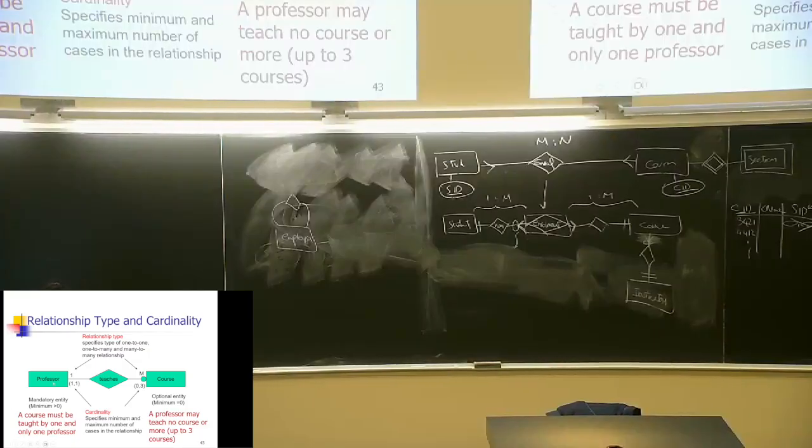So these are just examples. Now, what is the type of relationship here between prof and course in this example? One-to-many. One prof can teach many courses. Each course can be taught by only one prof. So this is one-to-many. Now, cardinality, specifying the minimum, maximum, or the exact number of how many instances of this entity are related to how many instances of the other entity.